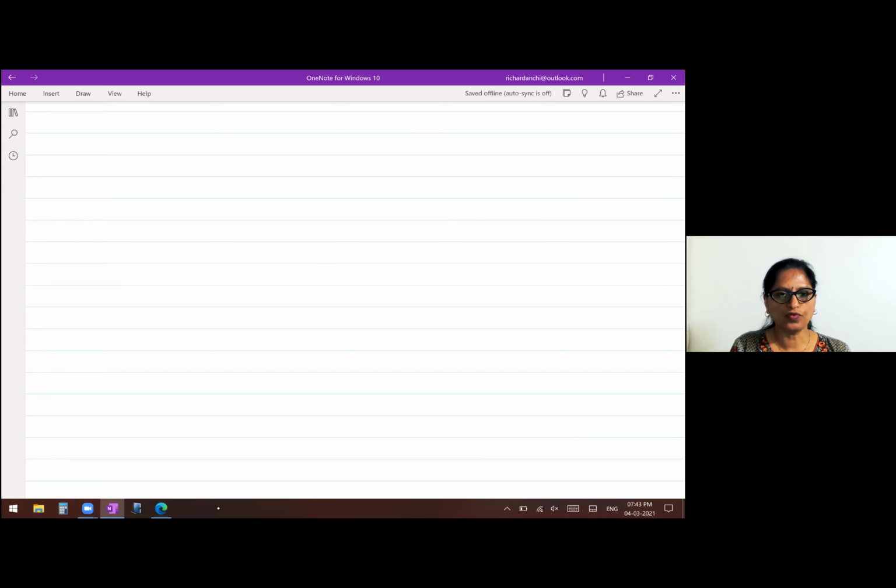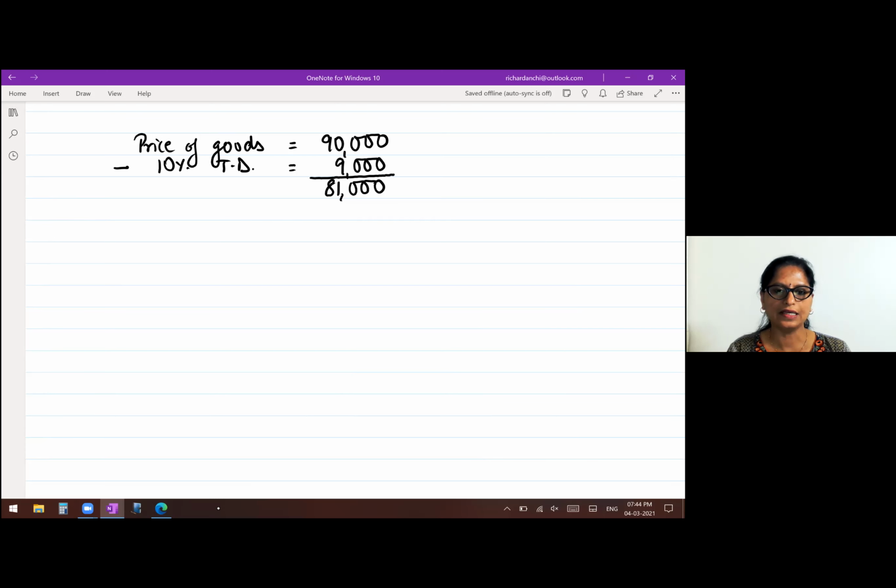It is price of goods 90,000. Less 10% trade discount. So that is 10% is 9,000. So deduct that. So it becomes 81,000. That is now the value of goods. Okay. So this 81,000.